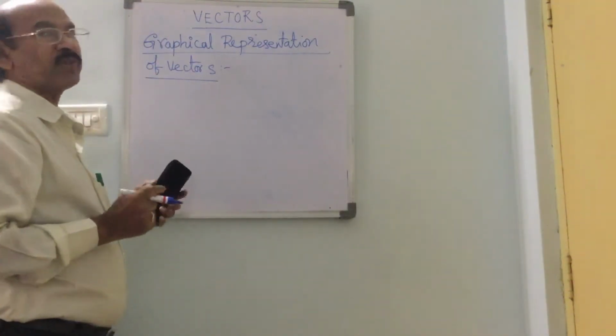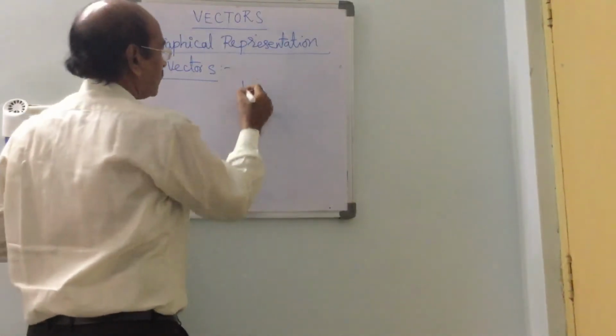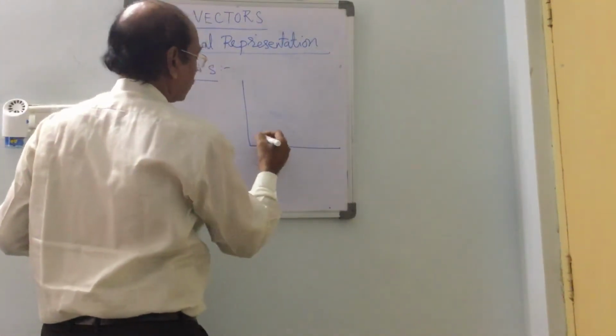Vectors are graphically represented by an arrow mark.